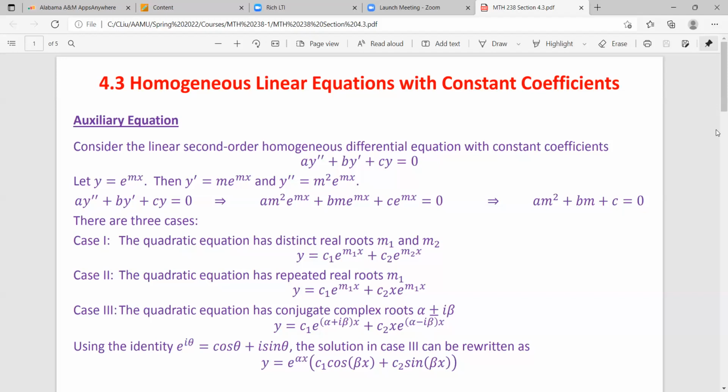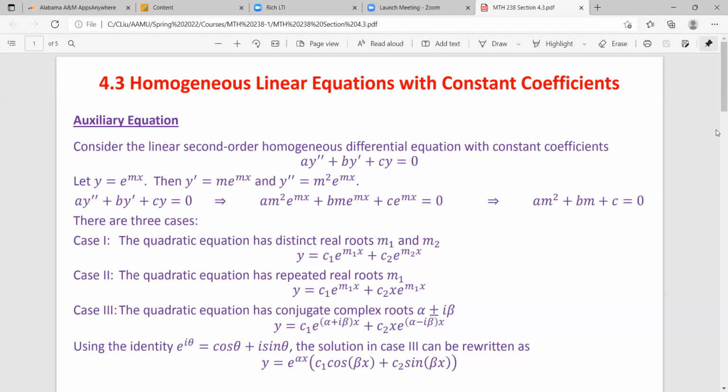So then the solution to the homogeneous differential equation would be the linear combination of these two functions, which is C1 e to the alpha plus i beta x plus C2 e to the alpha minus i beta x.